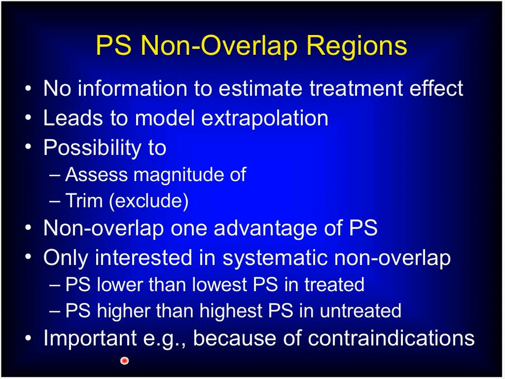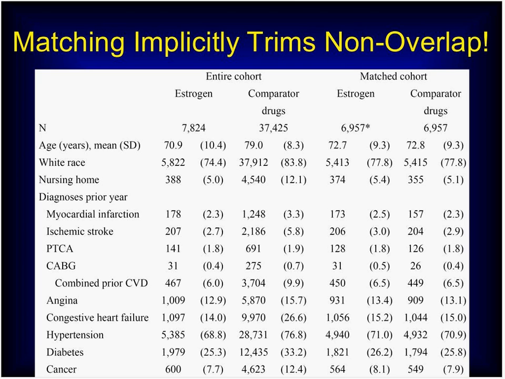We often cannot clearly define who is our study population, who is everyone with the indication, and therefore trimming or the non-overlap region may be an indication for people in the population that should never have received treatment, and we do not want to estimate the treatment effect in these.